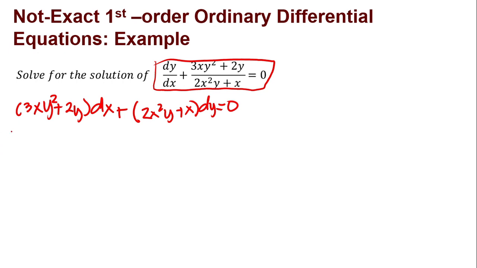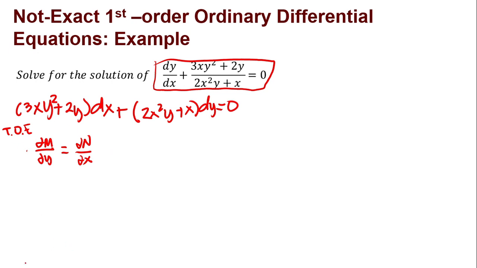First we're going to check the test of exactness, whether this differential equation is exact or not. The partial derivative of M with respect to y must be equal to the partial derivative of N with respect to x.